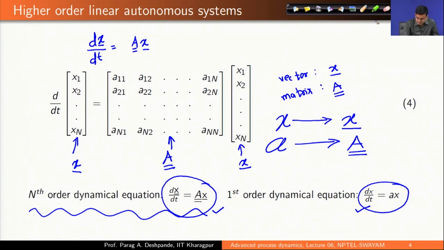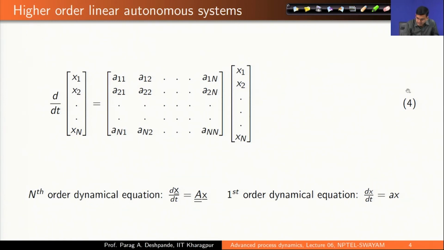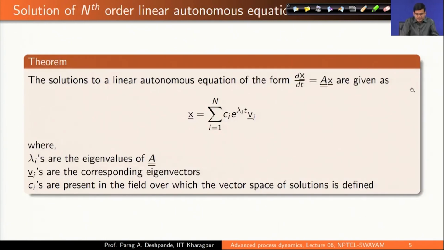Okay. So, let us look into the details of how to handle such a system. So, we solved the equation dx/dt equals a x, the first order dynamical equation, simply as x0 multiplied by e to the power a t. How do you solve an nth order system, or how do you solve a matrix equation? That is solved using this theorem.